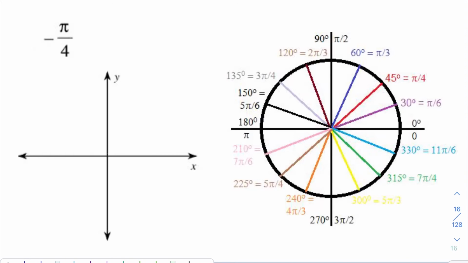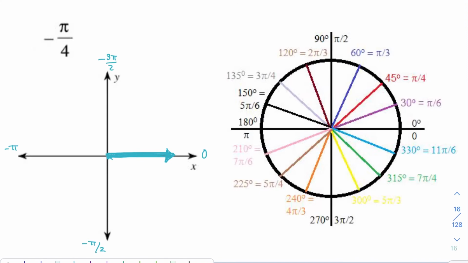So we're going to draw our initial side, as we always do, on the positive x-axis. And then there's a couple ways we can think about this. One way is I know this is 0. This is going to be negative pi over 2, negative pi, negative 3 pi over 2.